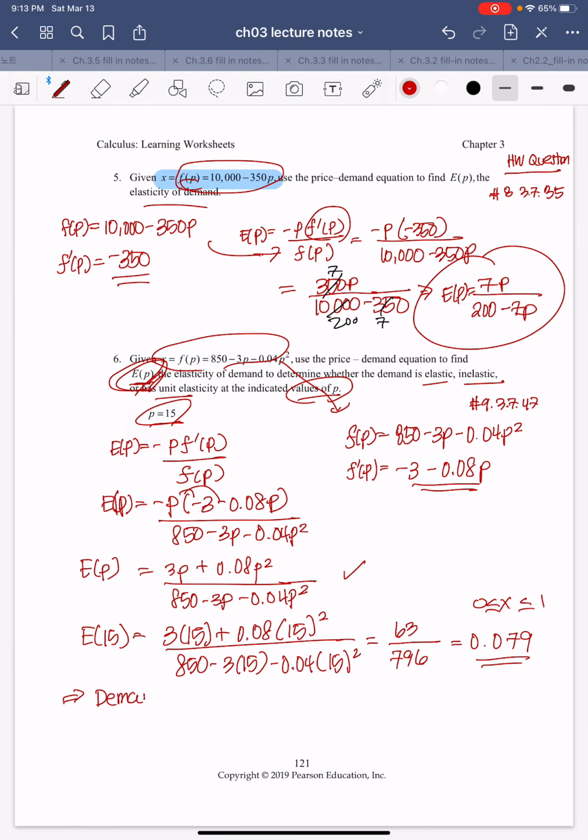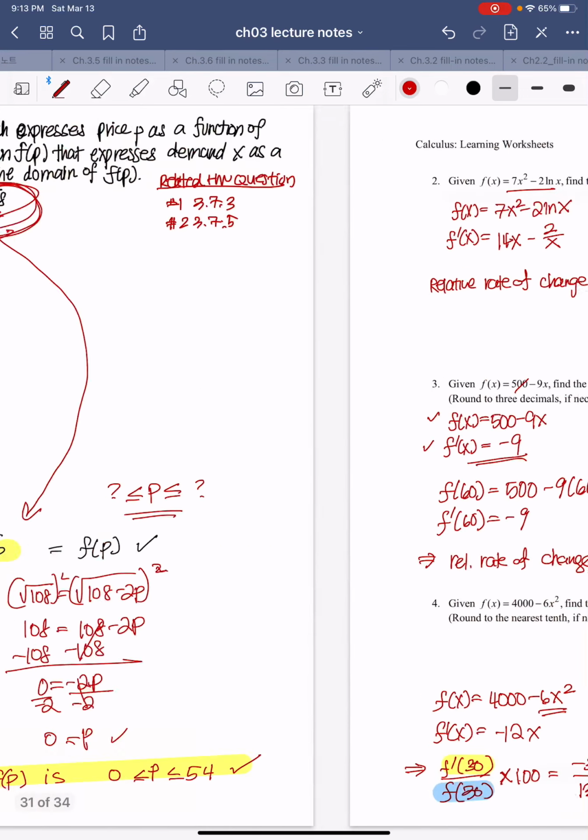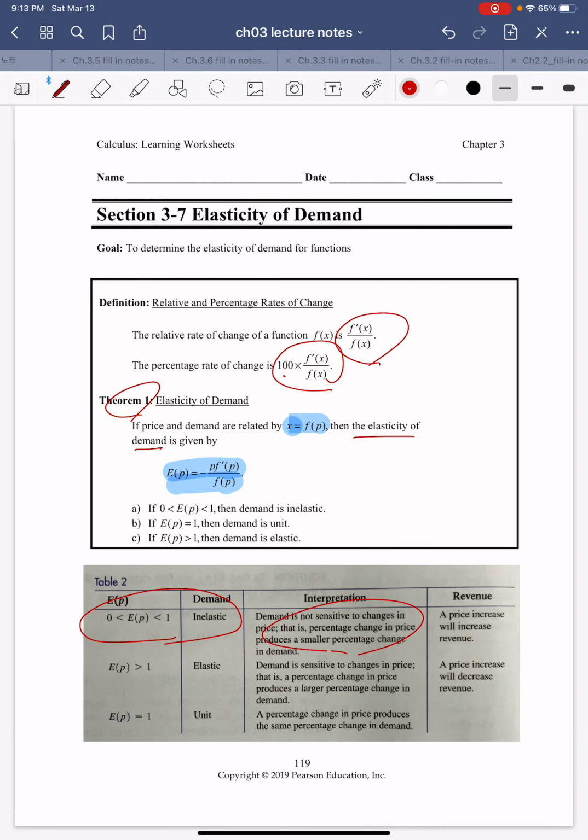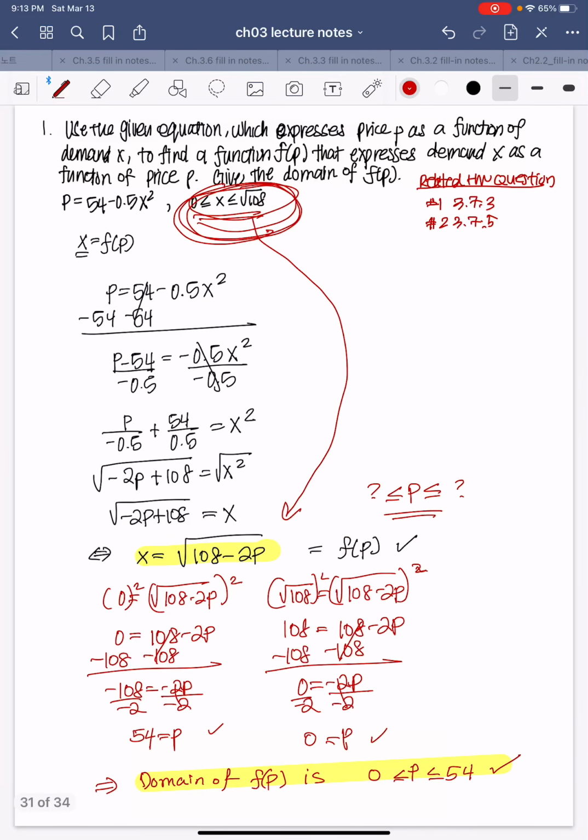Demand is inelastic. Furthermore, this can be interpreted as the following here, right? So I'll write it down in words.